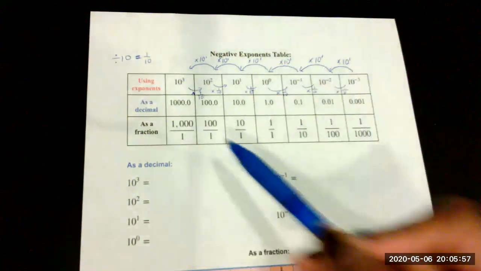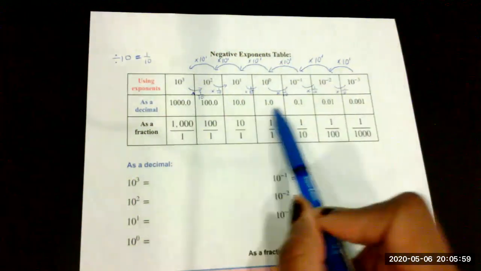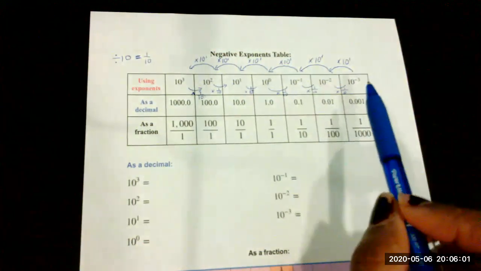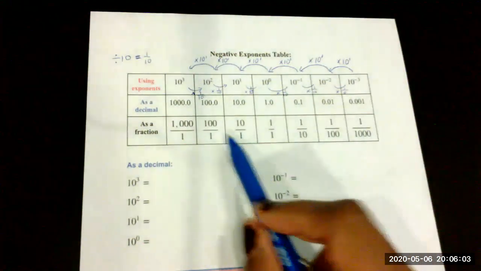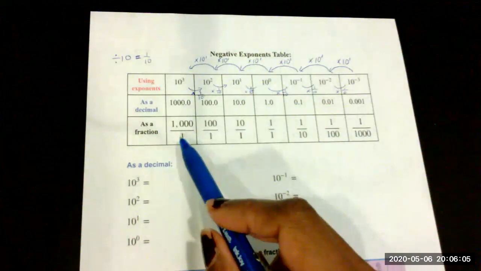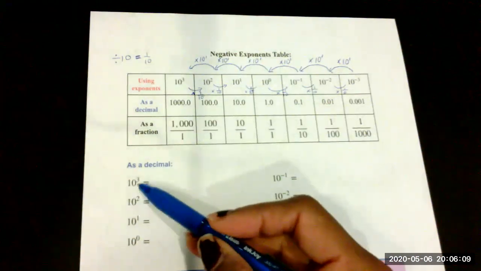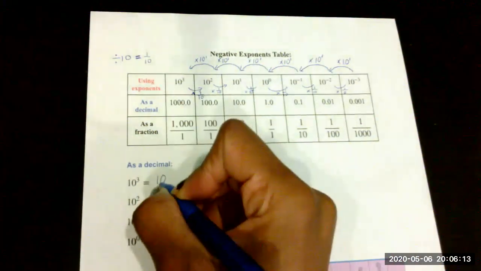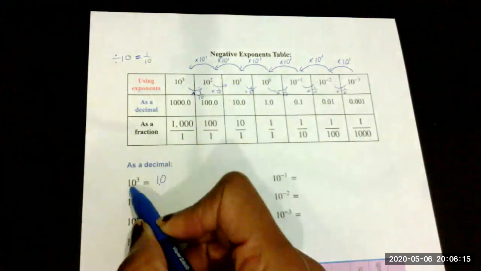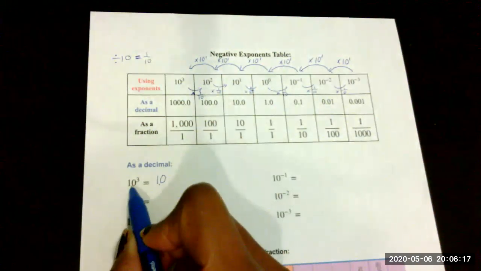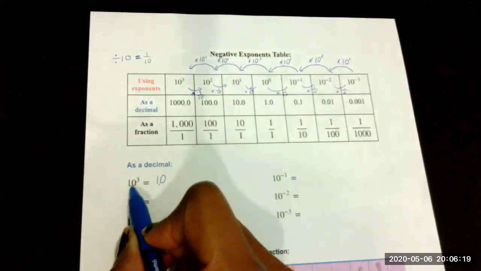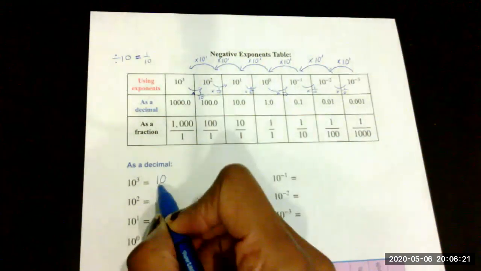So let's look at this as a decimal row right here. Anytime that you want to turn a number with an exponent into a decimal, you always start by placing the decimal. So for example, this says 10 to the third power. You always have to start off with the decimal after the first whole number. So right here, the first whole number we see is 1. So that's where the decimal place goes, after the 1.